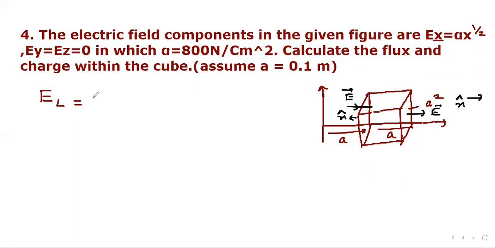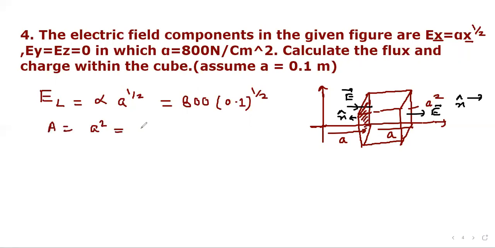So it will be equal to, it depends on alpha times its distance from origin, which is a. So in place of x, we will write a power half, where alpha is 800. So we can write it 800, and a is also given as 0.1 power half, and the area of this face is, say, A, which is equal to a square, that is 0.1 square.